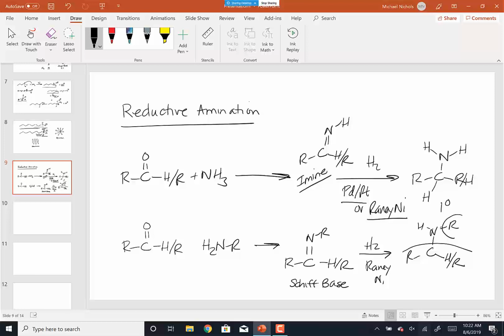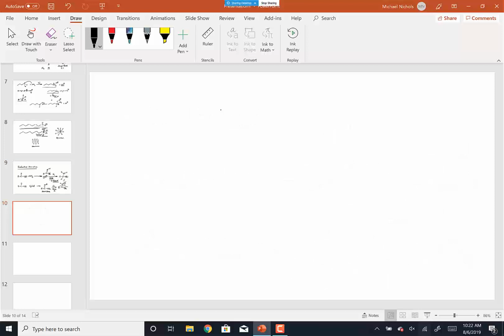What's a tertiary amine going to look like? A tertiary amine is going to be taking my ketone or aldehyde and reacting it now with a secondary amine. And what am I going to make there?